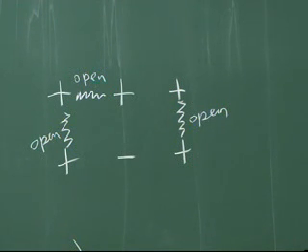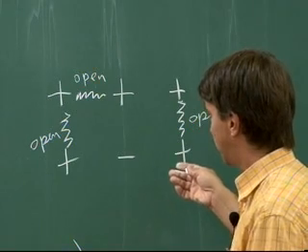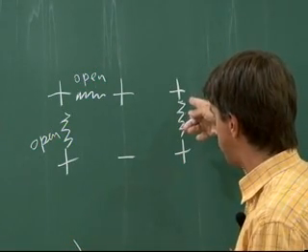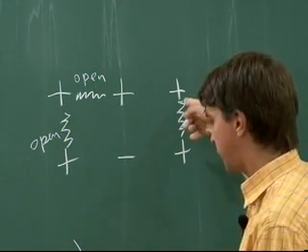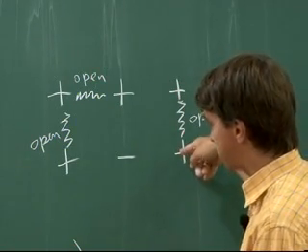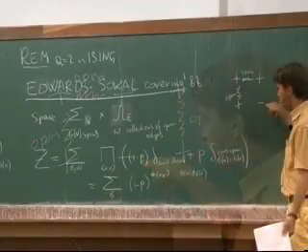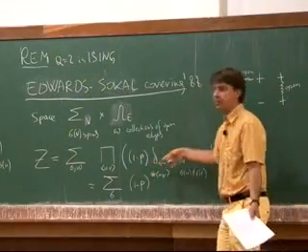So basically, there is a bunch of open edges, and for every open edge, we have that the two end spins are the same. So for each open edge we have weight p, and for each closed edge we have weight 1 minus p anyway.